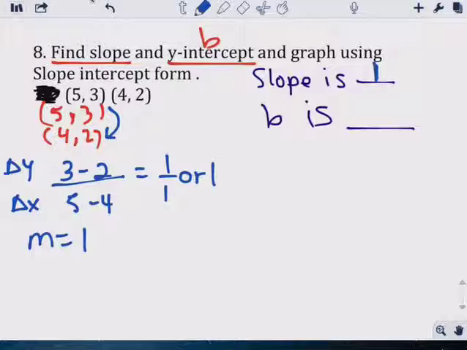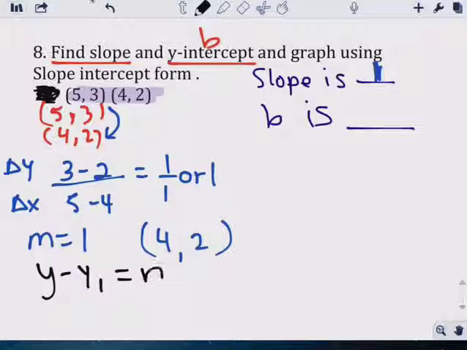Now to find b is a lot harder. To find b, you need to use the slope and one of the points. Choose one of the points. We choose 4, 2, or 5, 3. It doesn't matter. If you do the math right, it will come out the same. You use point-slope here. y minus y1 equals m parentheses x minus x1.